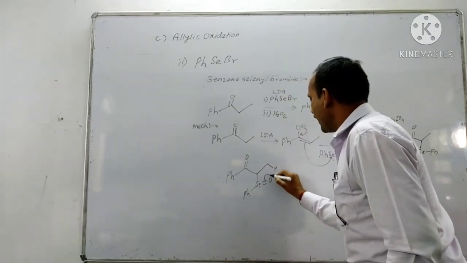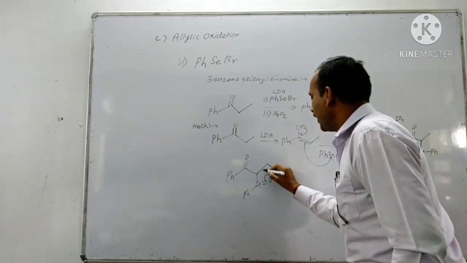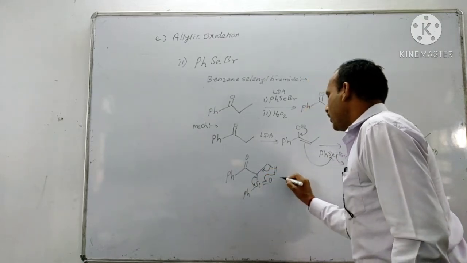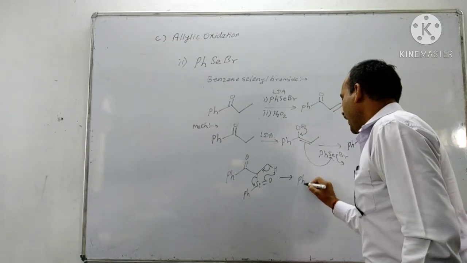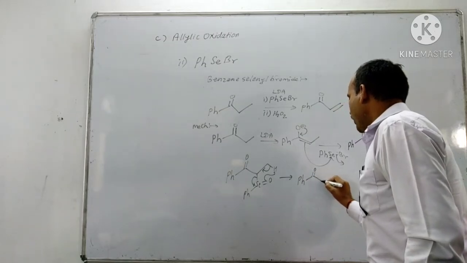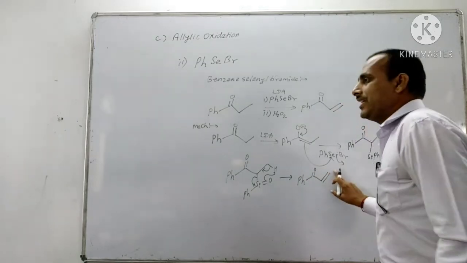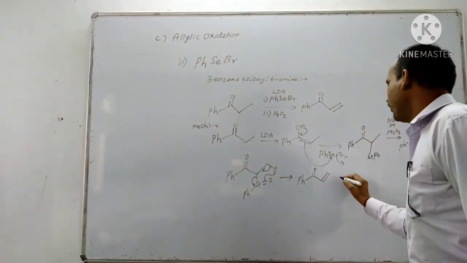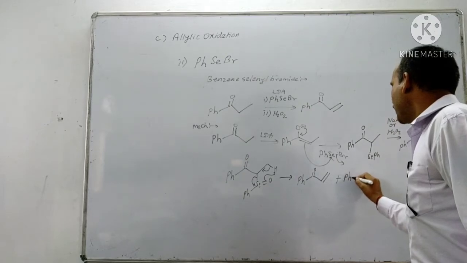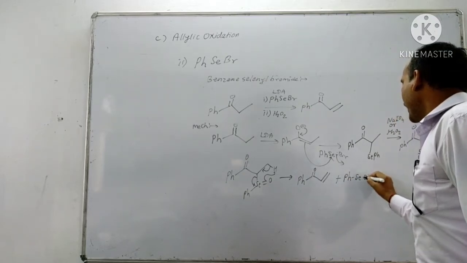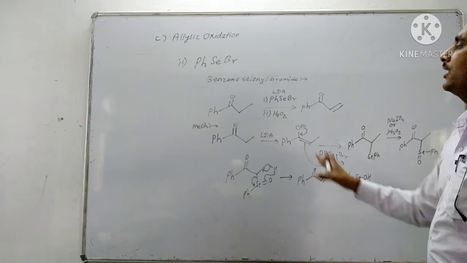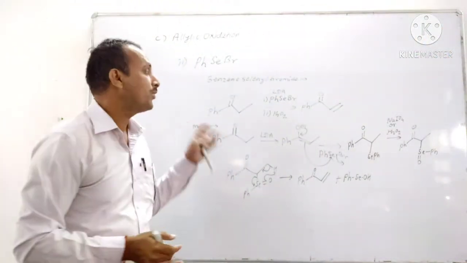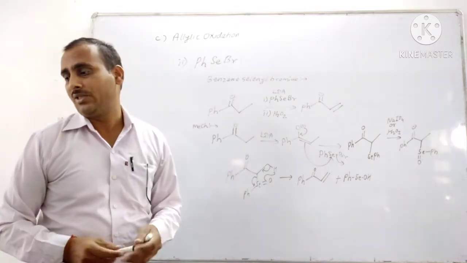Now this oxygen takes the proton, this bond shifts to form the carbon-carbon double bond, and this selenium-carbon bond breaks down to form PhC double bond O, CH CH2, the alpha beta unsaturated carbonyl compound, plus PhSeOH. So this is the mechanism for the formation of alpha beta unsaturated carbonyl compound from the carbonyl compounds.